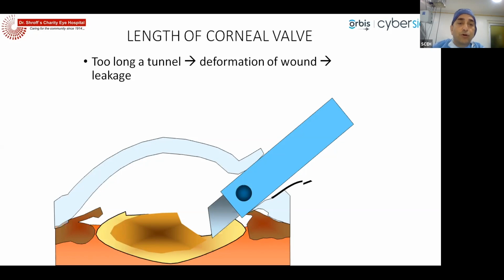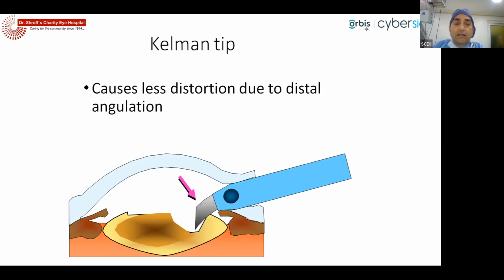And that would again cause excessive leakage of fluid. Kelman tips are useful. They're bent and cause less distortion of the wound, as the whole probe doesn't need to angulate too much. So having a bent tip allows visibility of what is happening at the base of the trench, as well as causes less distortion of the wound.